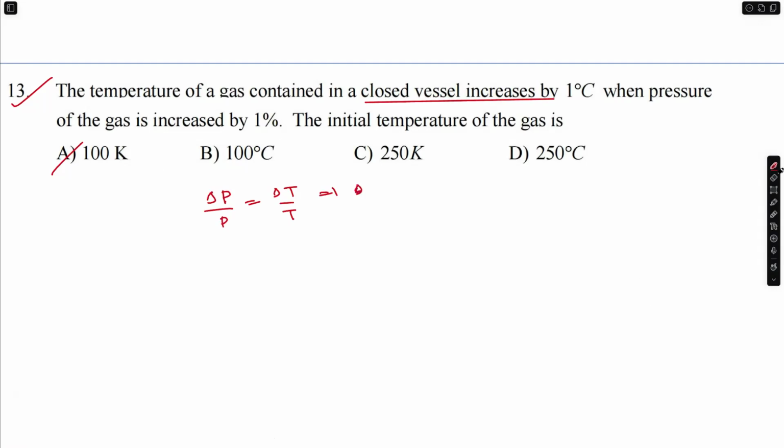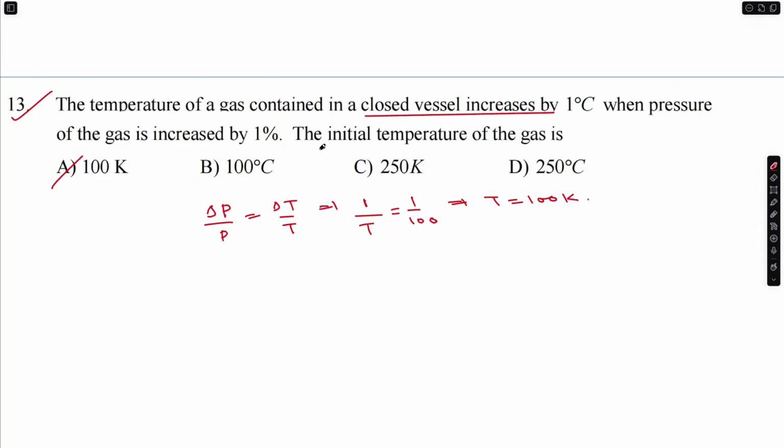You should convert this into kelvins: 1 Kelvin by T in kelvins is 1 by 100, so T is equal to 100 Kelvin. A lot of students make a mistake here by converting that and writing 100 degrees centigrade, which is wrong. The moment I apply this law, I know I need to use Kelvin because these are gas laws. 3 clean hits till now.